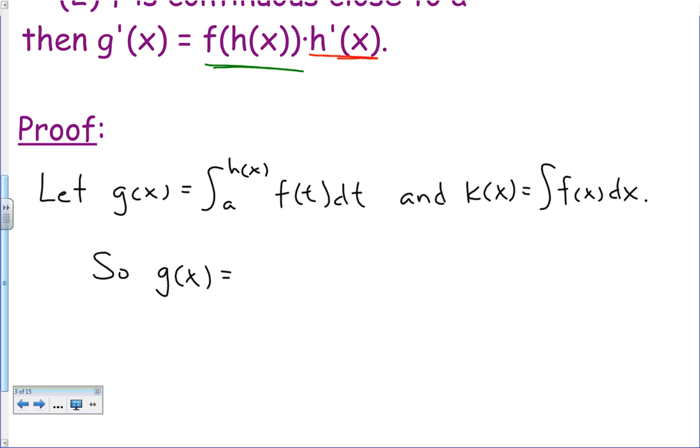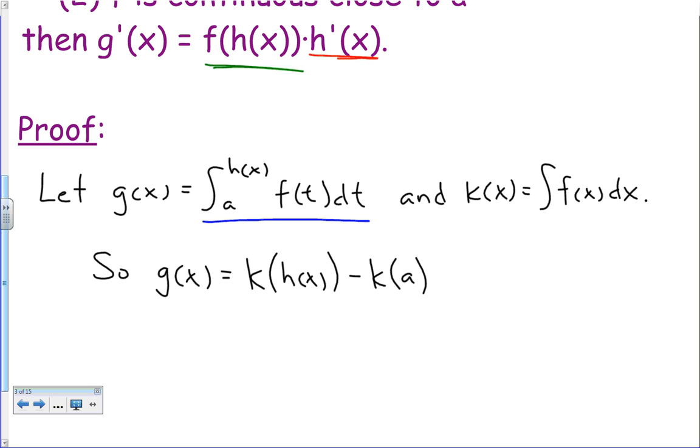If I want to find out what this definite integral is equal to, I find the antiderivative of my function, which we've said is k, so it's equal to k evaluated at the upper bound, which is h of x, minus k evaluated at the lower bound, which is a. So g of x would be equal to this: the antiderivative evaluated at the upper bound minus the antiderivative at the lower bound.